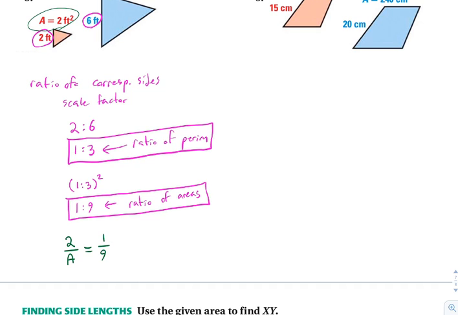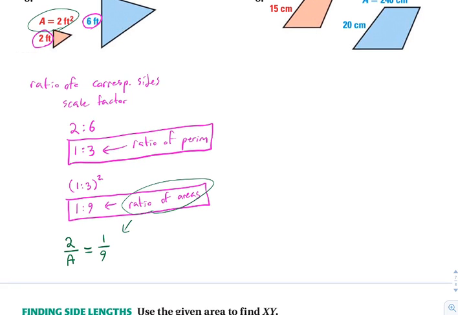Because the ratio of the areas is 1 to 9. And we know the first area is 2, so what do we have to get for the second one? Now, yes, you could have just multiplied by 9 and said, oh, it's 18. But I like to set up the proportion. You can cross multiply here, so you get a times 1, which is a, equals 2 times 9, which is 18. So the unknown area was 18.